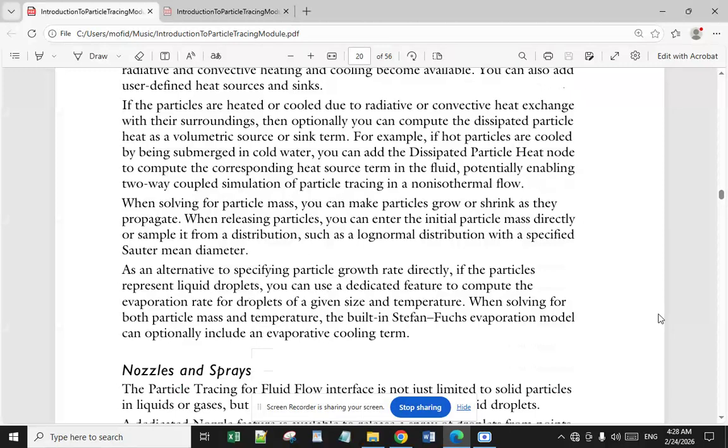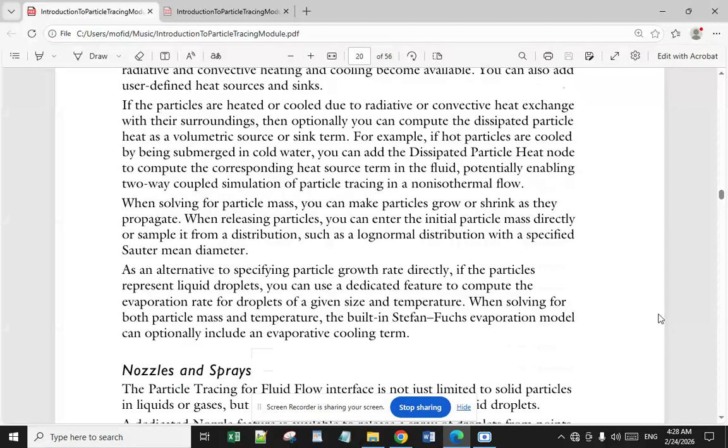When solving for particle mass, you can make particles grow or shrink as they propagate. When releasing particles, you can enter the initial particle mass directly or sample it from a distribution, such as a log-normal distribution with a specified mean diameter.